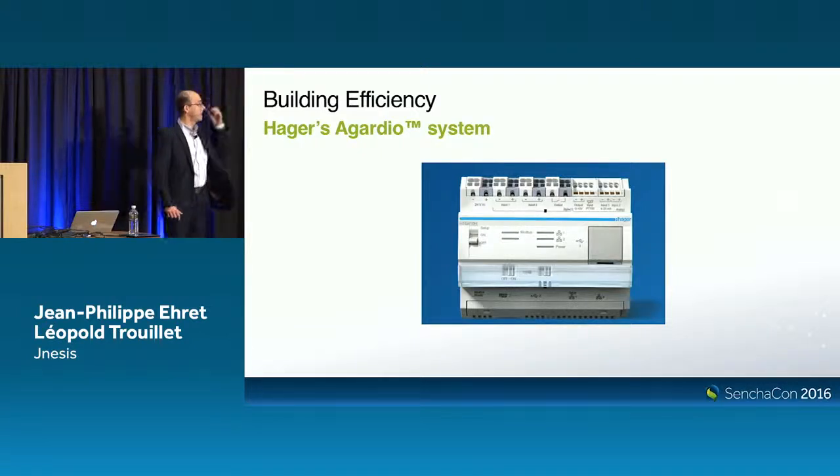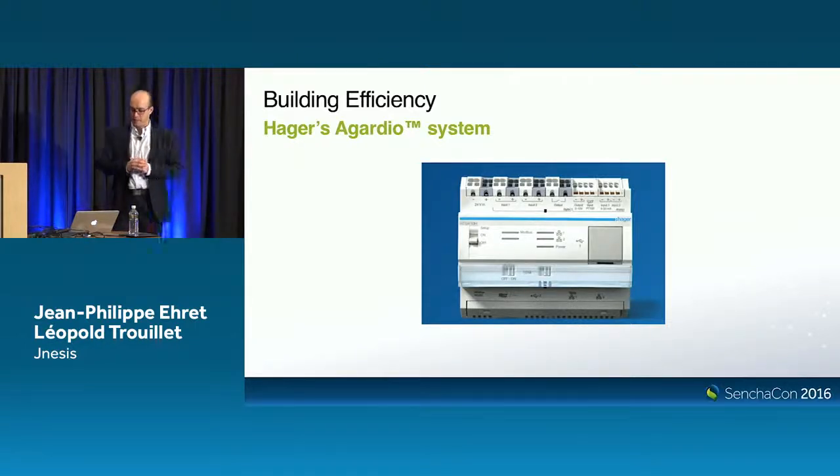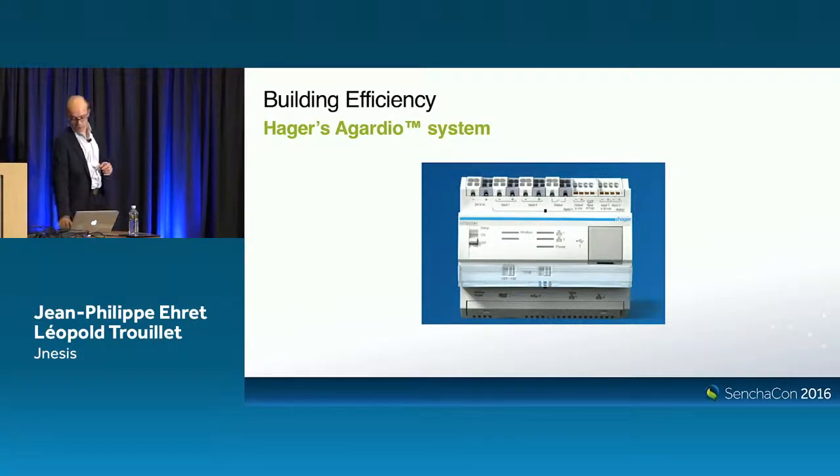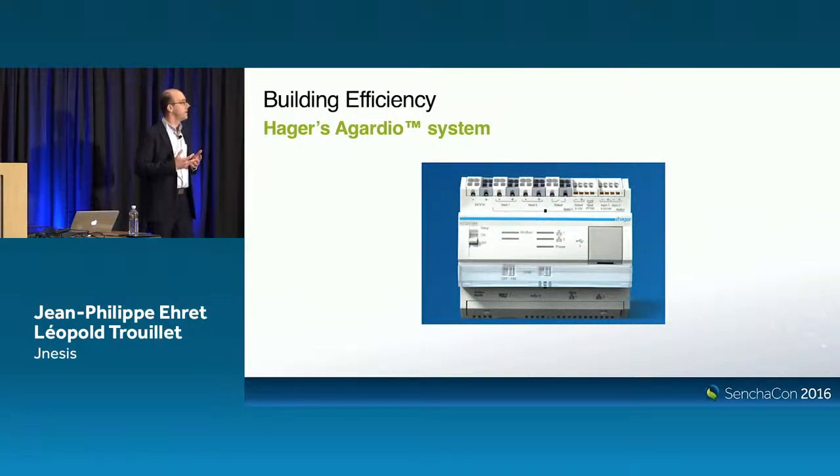It's a kind of smart box for an electrical cabinet, and this smart box is in charge of monitoring and helping operators to enhance the energy consumption, to save money, of course, and also the environment.